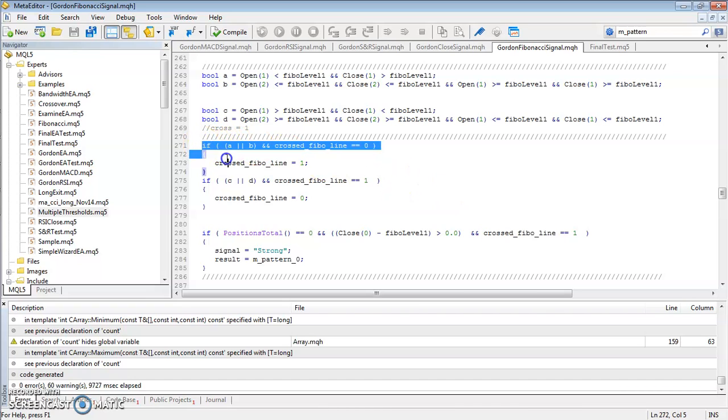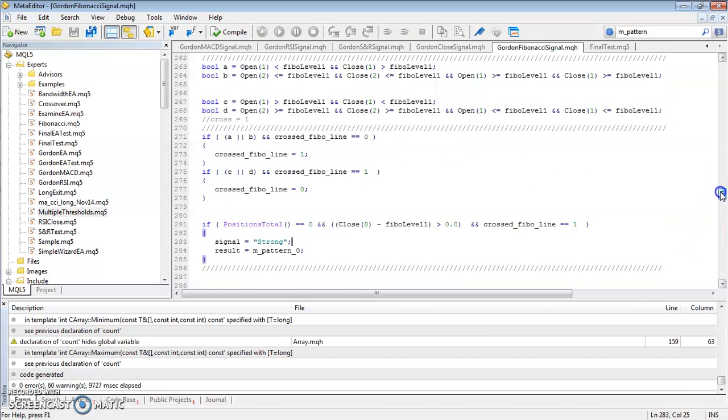So here is the if condition statement, that when it's crossed, it'll equal 1. And here, if it's 1, that means it's crossed, and it's a good signal.